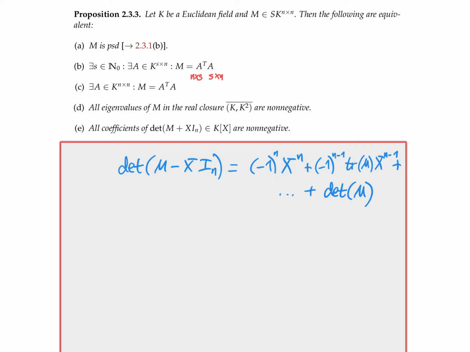Some people also define it as the determinant of xI_n minus M. But then you get other problems, like plus or minus 1 to the n times the determinant of M, so you get all these sign issues. Of course, the reason why you define it here with a minus is that you wanted the eigenvalues to be its roots.